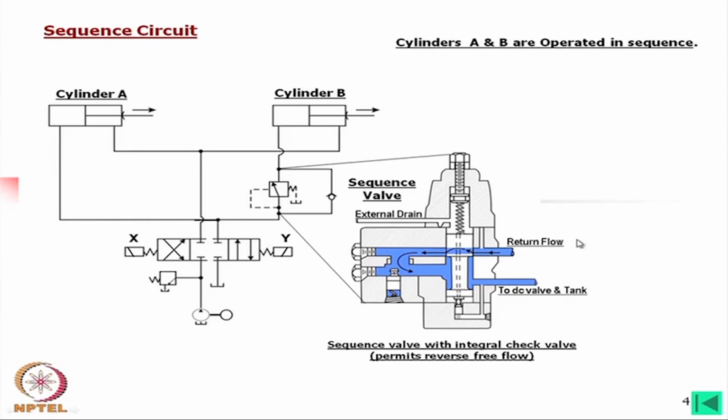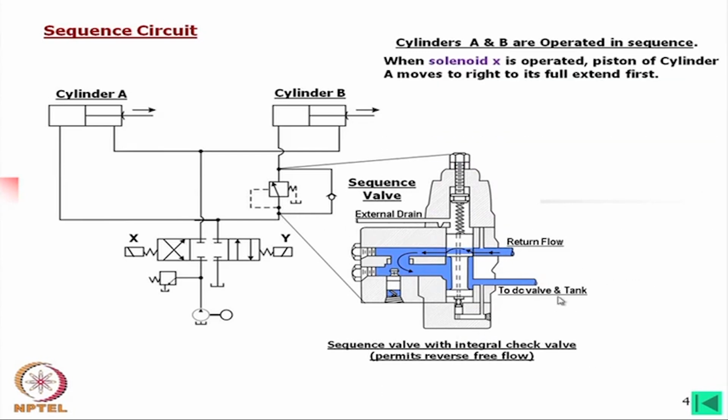Now, in this case, first of all, let me explain the valve. First of all, at what time will the flow start? Initially there is no flow because this is a closed center. Okay. Now, say the X solenoid is operated, and the piston of cylinder A moves to the right to its full extent.